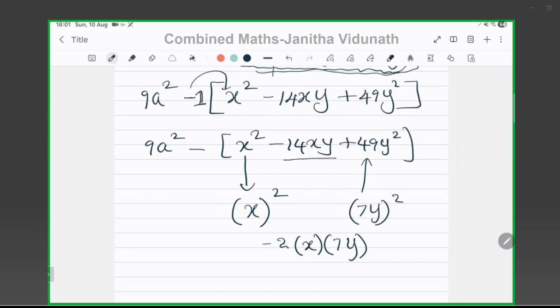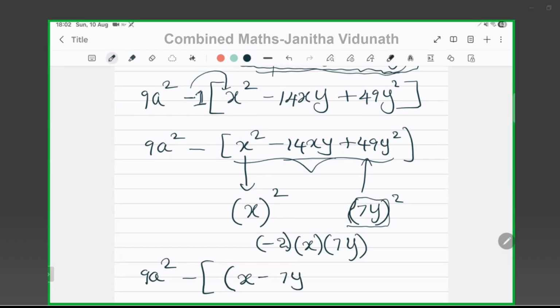Then we can think of the middle term as consisting of minus 2 times x times 7y. The first term is x, the second term is 7y, and the middle sign is minus. Then this can be written as x minus 7y whole square.